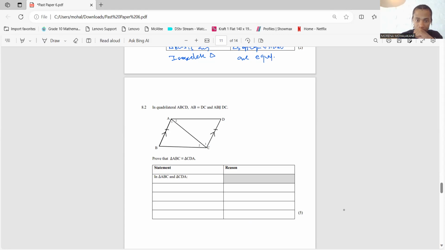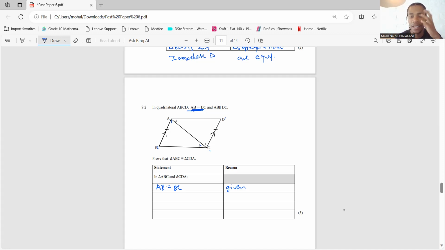So you have AB equal to DC and AB parallel to DC. Now, in triangles ABC and CDA, I know something: AB is the same as BC, because they told me. I only say this when I see it.